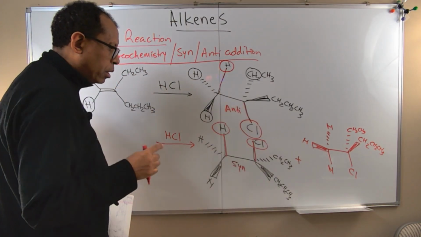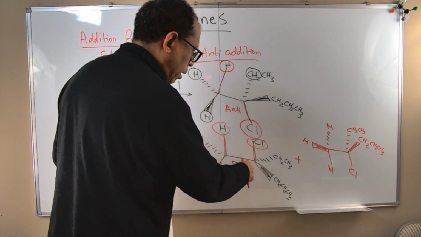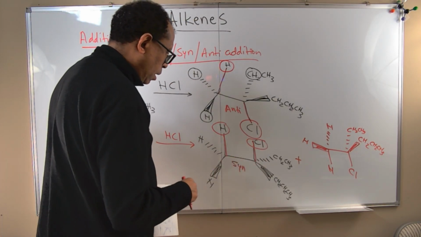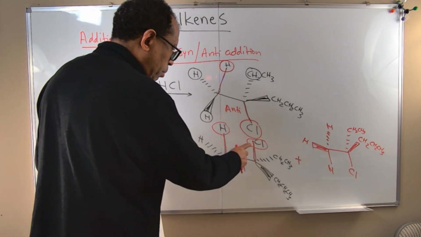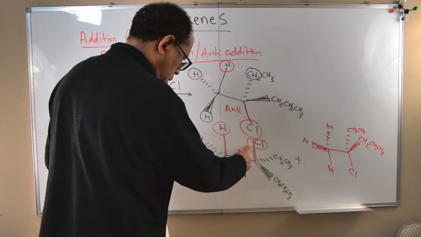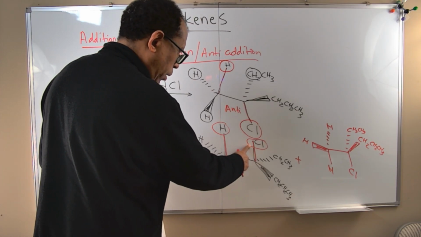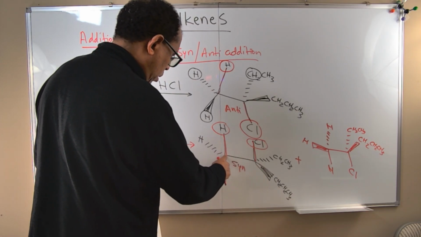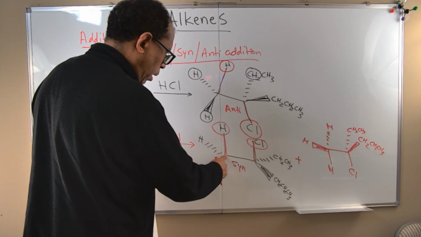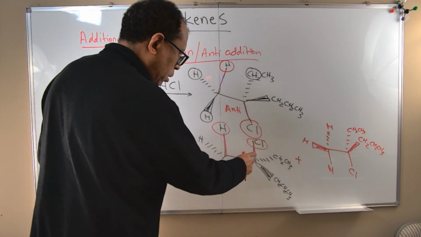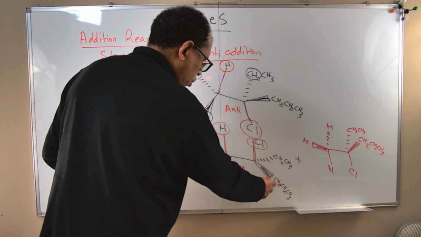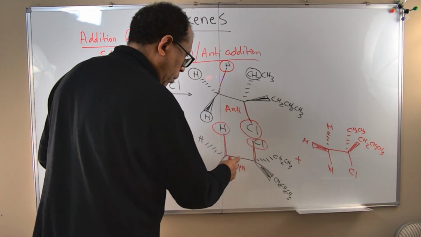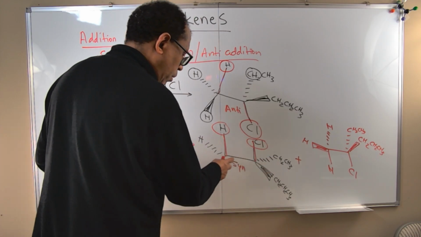So if you just look at this and assign stereochemistry for this, what do we get? This is priority number 1, priority number 2 would be this carbon with 3 hydrogens, but this one is number 1, this is number 2, this is number 3, this is number 4.